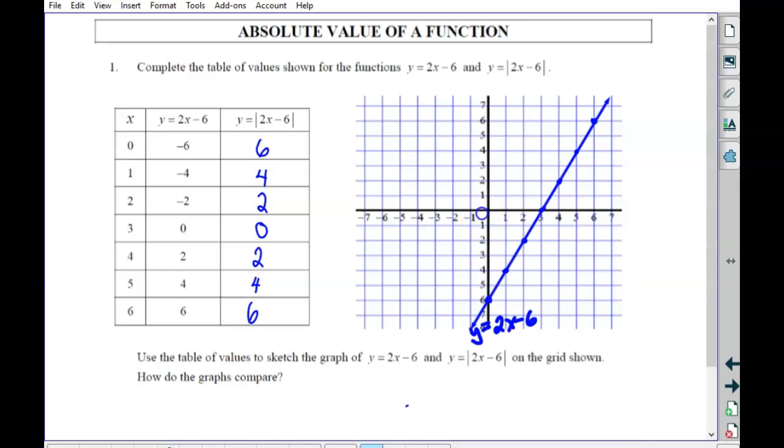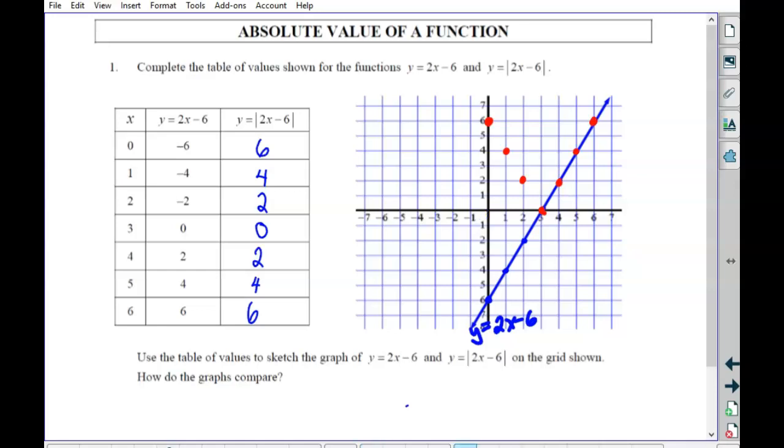Now, if we are taking absolute value, we've got our y values there. So I'll do that in red, let's say. When x is 0, y is 6. When x is 1, y is 4. When x is 2, y is 2. 3, 0; 4, 2; 5, 4; and 6, 6. Okay?